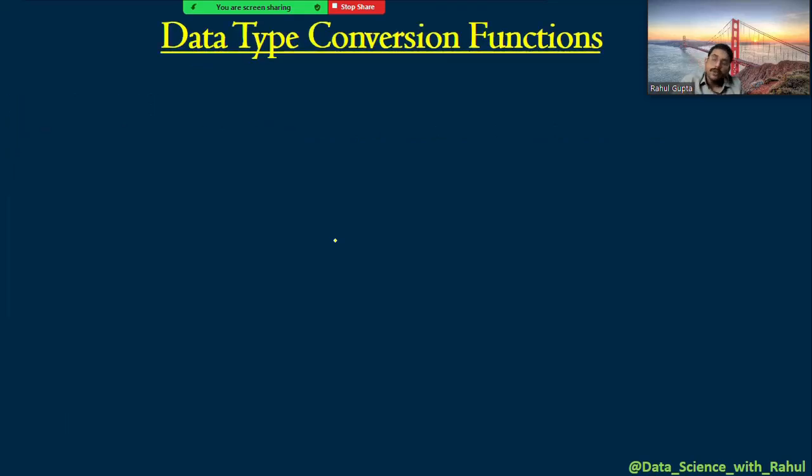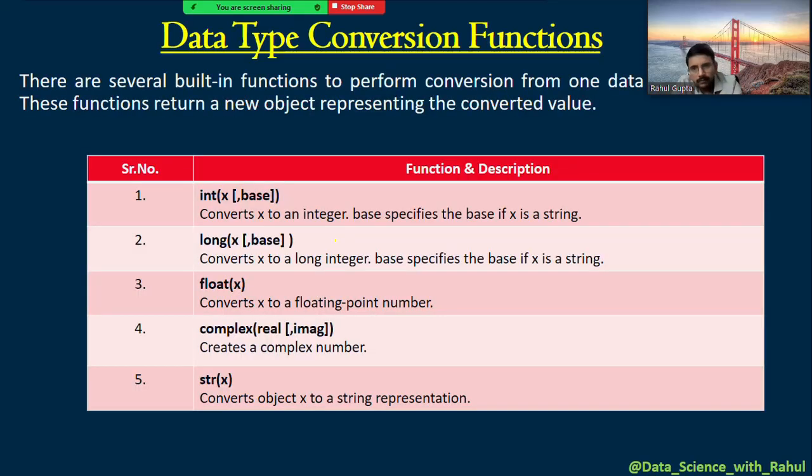Now there are a few functions available to convert these data types from one to another, because we don't want to write code every time to convert them. What are those?